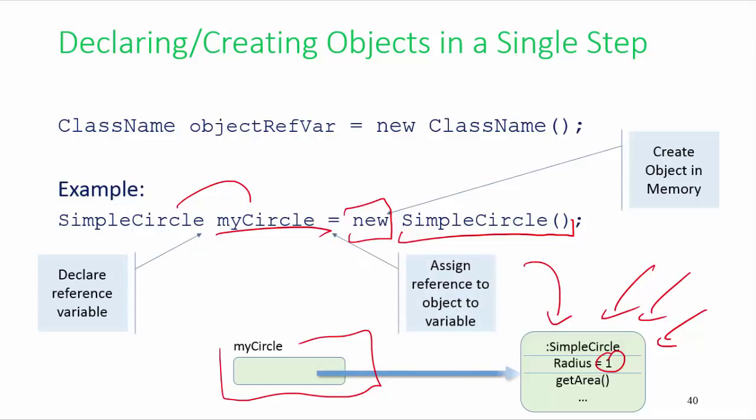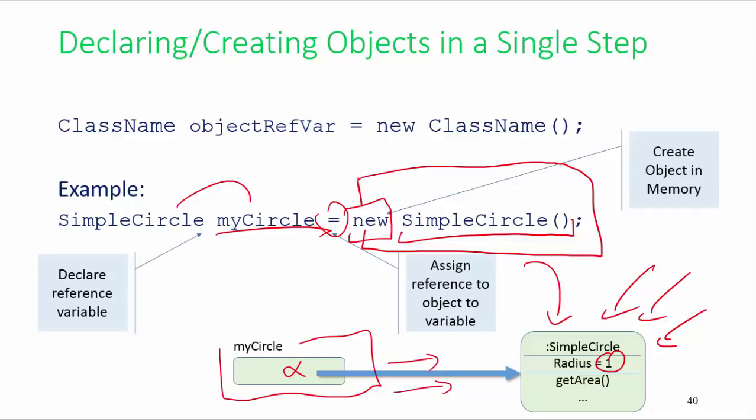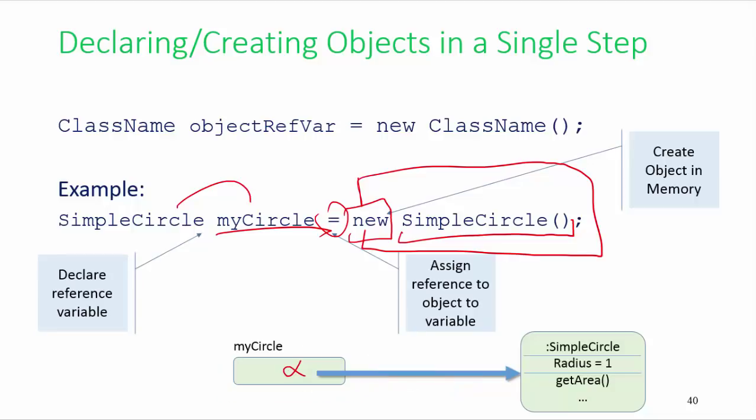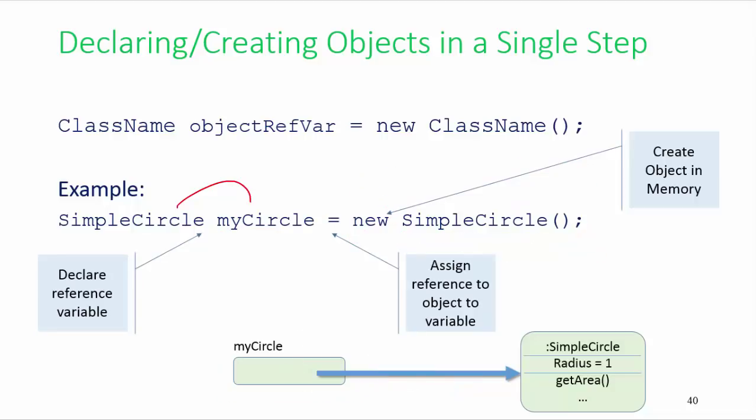And then you assign the return value of this operation, which is the reference, to the variable myCircle, and now you have this blue arrow here that allows myCircle to reference the object of class SimpleCircle. That is the full thing done in one step, in one line of code.